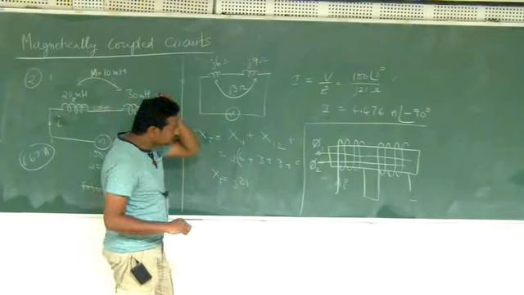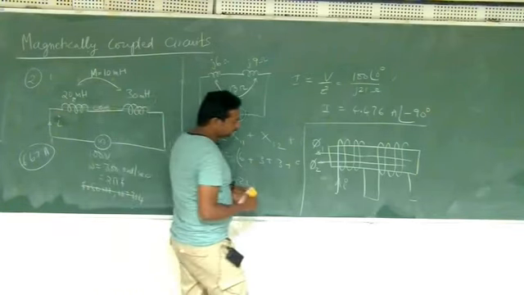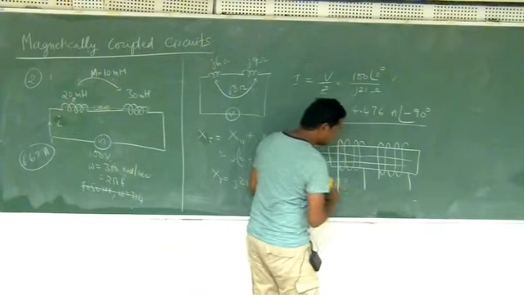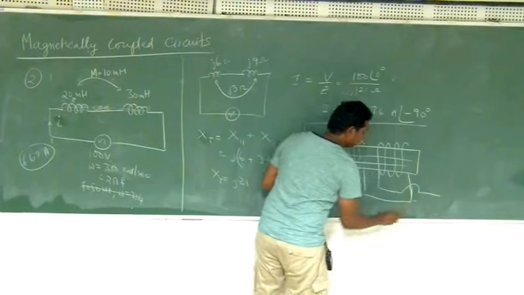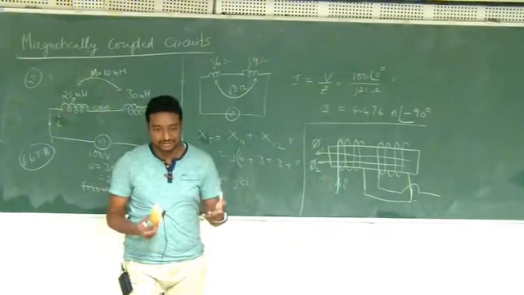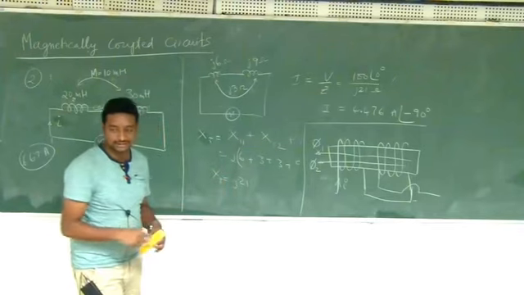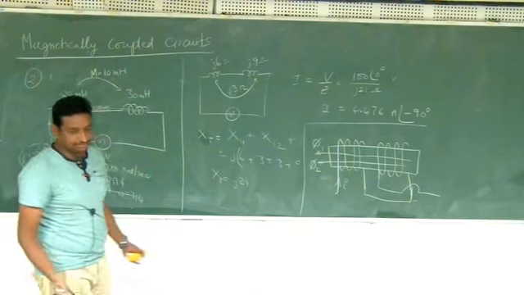How do you connect such that the fluxes are opposing each other? What you do is, this wire you take it here, and then this wire you connect it straight, like this. In this case the fluxes are opposing each other. So let's do a problem like that. In fact, it is my third problem.